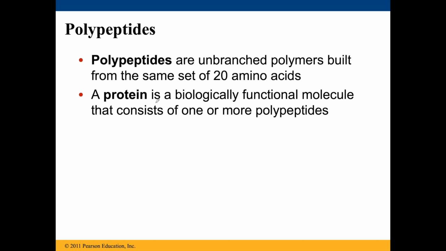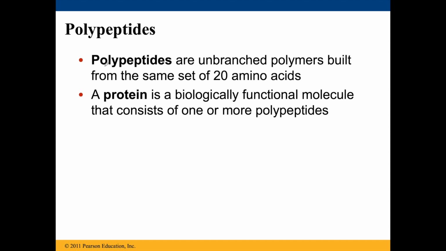Now, these two words, polypeptide and protein, sometimes you'll hear them used interchangeably like they're exactly the same thing. And sometimes that's accurate and sometimes it's not. A polypeptide is a chain of amino acids. If that polypeptide has some function, if it can do something, then it is also a protein.